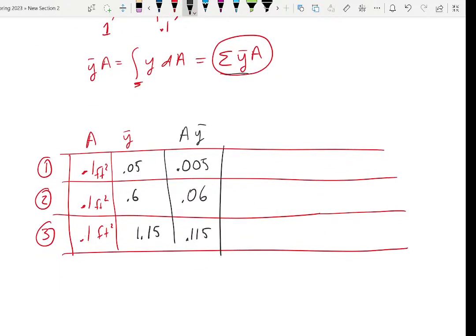Now, if I sum these areas, I get 0.3. In other words, this plus this plus this is equal to 0.3. Now, if I sum these, I get this one plus this one plus this one is equal to something there. Okay, 0.06 plus 0.005, I get 0.18.